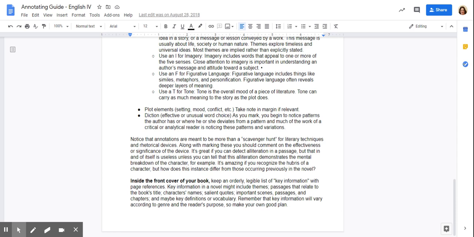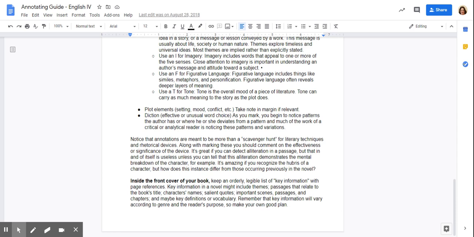So even your notes that you're making, it's not as important that I understand what your note means. It's important that you understand what your note means when you go back and look at it later. So make sure that when you're making these notes, when you're marking these things, when you're highlighting or underlining, whatever it is you're doing, even writing your summaries, that you're writing them for you to understand.